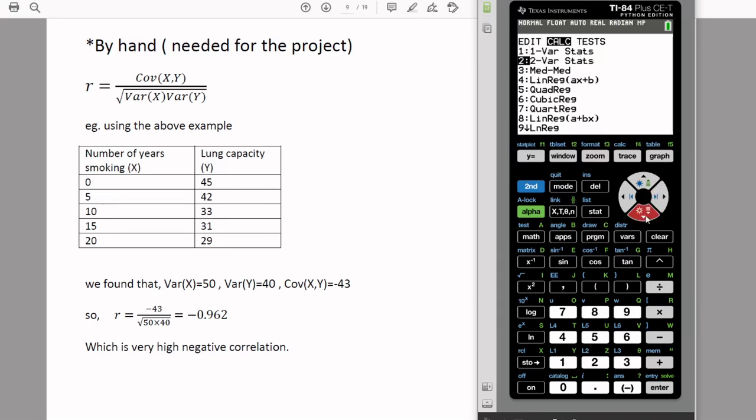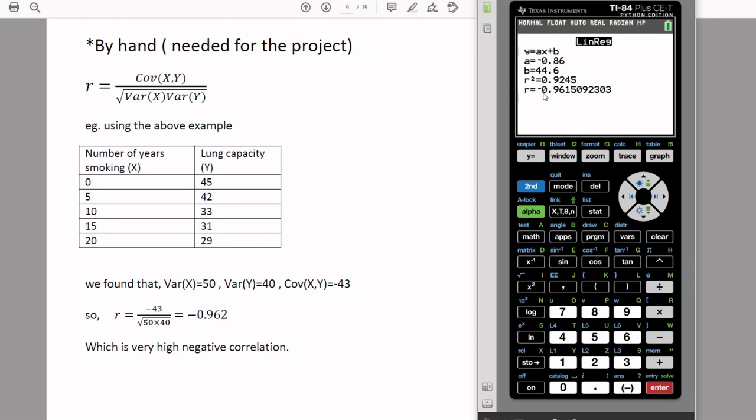But this time you go down to LinReg, which is number 4. You click on that. Just make sure it says list 1, list 2, and the frequency list should be empty. Then just press calculate.